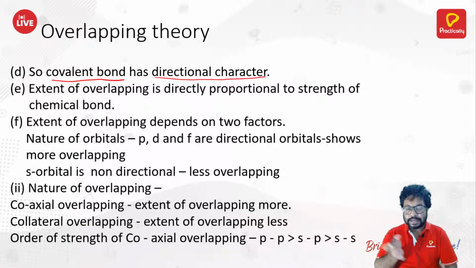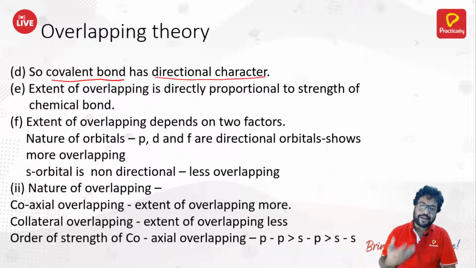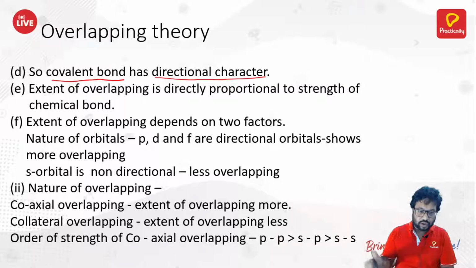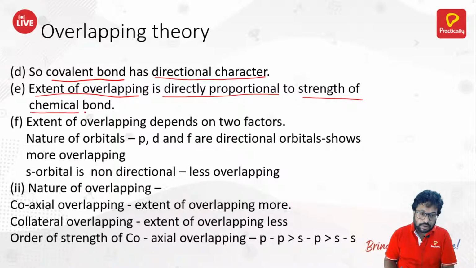In your studies from the last 2 years, you must have understood that a covalent bond has a directional character, whereas an ionic bond does not, because an ionic bond does not involve overlapping of atomic orbitals, whereas a covalent bond involves overlapping of atomic orbitals, which gives it direction. Next, the extent of overlapping is directly proportional to the strength of a chemical bond.